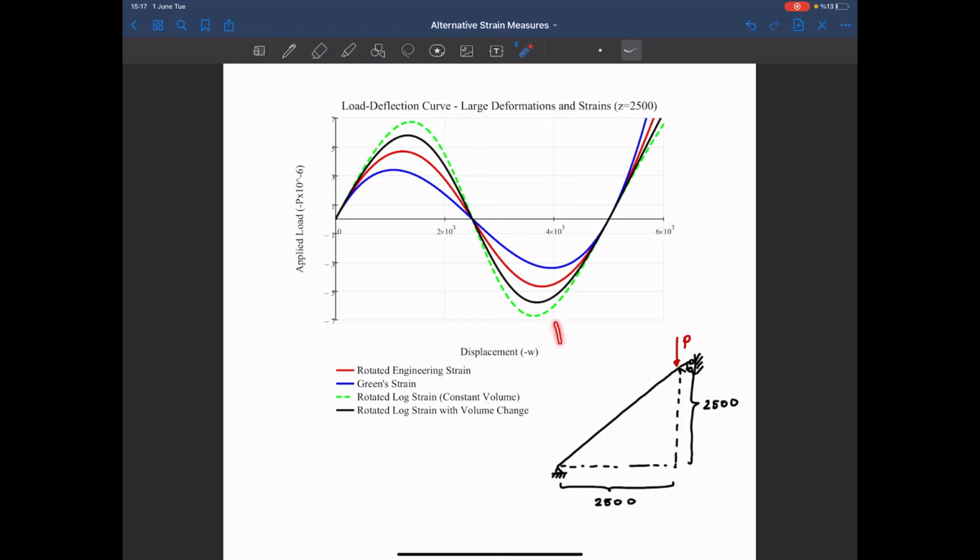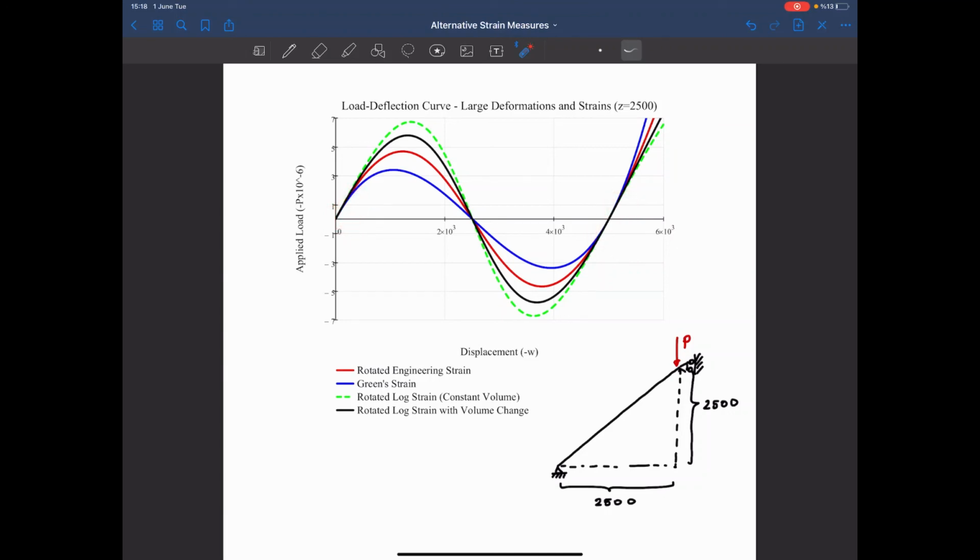So basically, the most accurate behavior is that black line. But as you increase the assumptions you make in the formulations to simplify it, you get significant difference as the strains become larger. But for the small strain regions, all the strain measures give us the same result.